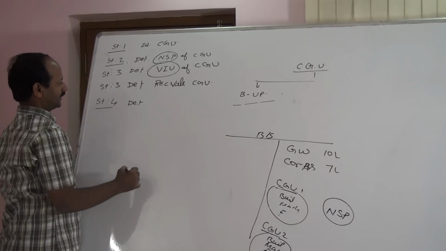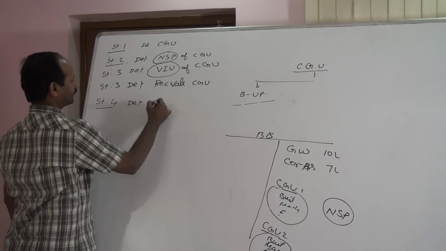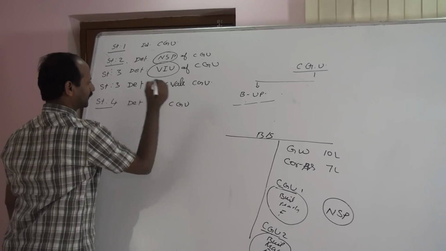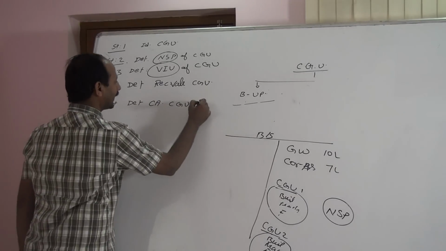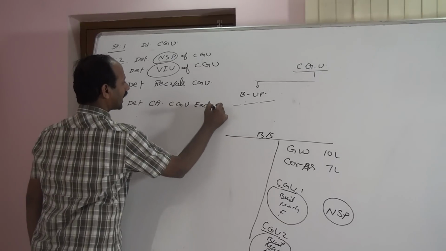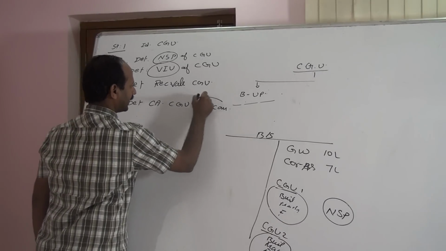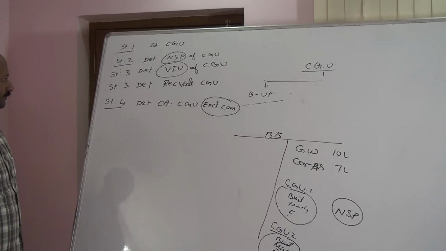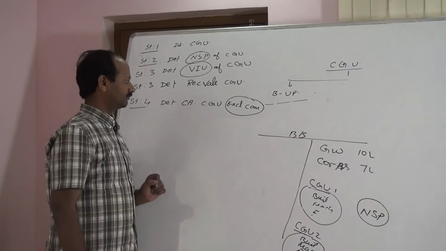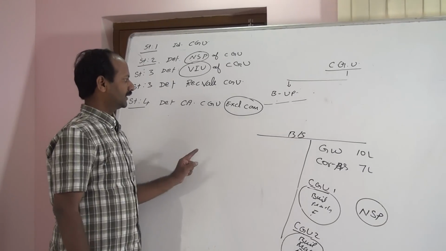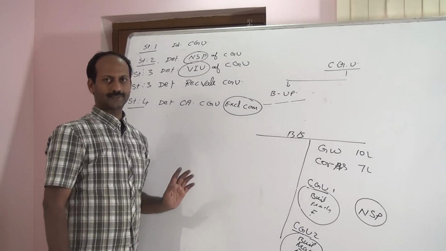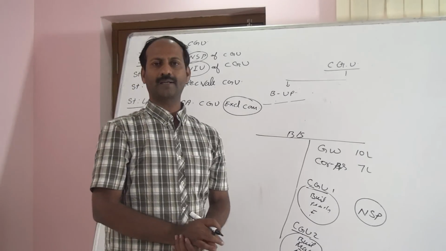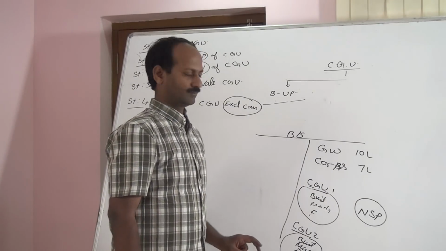Determination of carrying amount of this CGU, excluding common assets. Determine the carrying amounts of the CGU excluding common assets. Meaning, I am trying to find the impairment loss of CGU1.